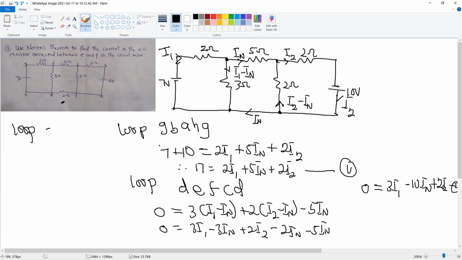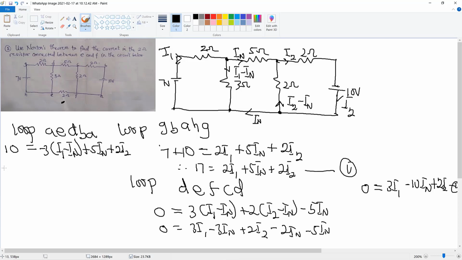We can decide to choose loop A, E, D, B, A. And then the equation that pertains to that loop is 10 is equal to negative 3 into brackets I1 minus IN plus 5IN plus 2I2.